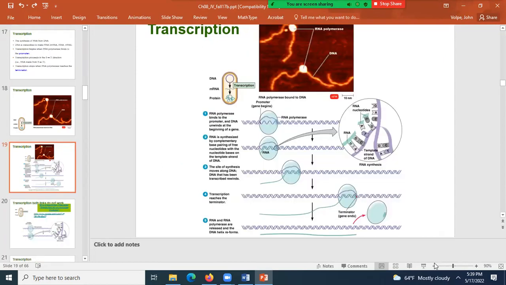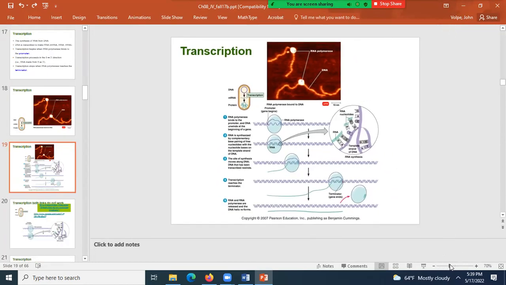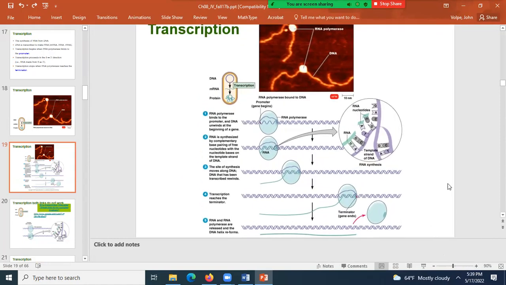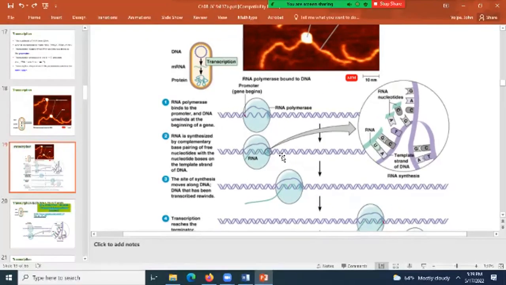All right, let's talk about transcription in a little more detail. I'm only going to talk about this right here, and then I'll move to the next slide. DNA transcription begins when the RNA polymerase binds to the promoter. And when that happens, the DNA is made single-stranded.